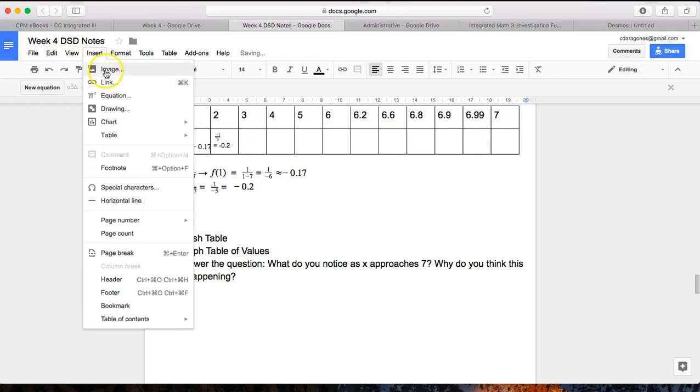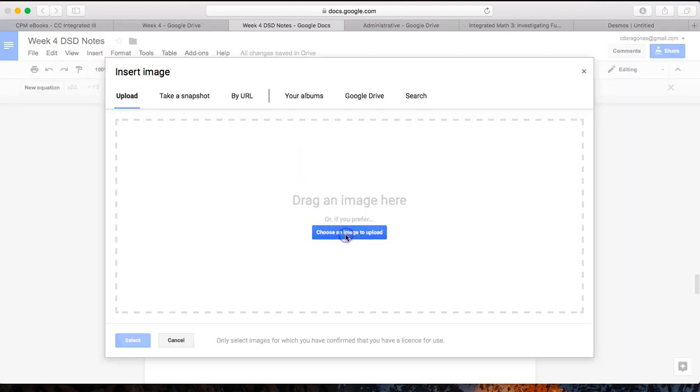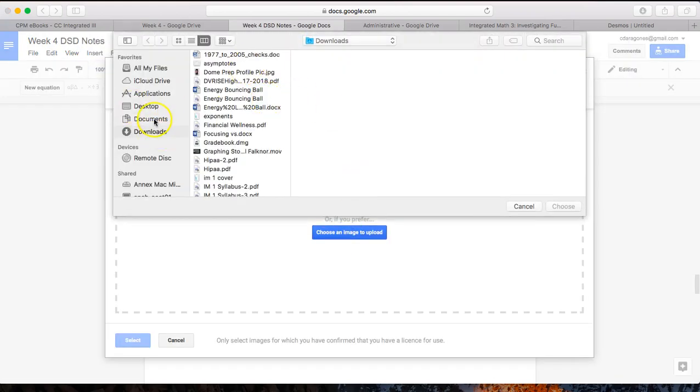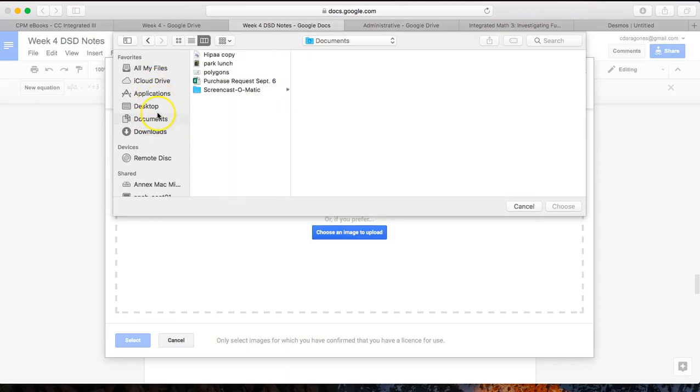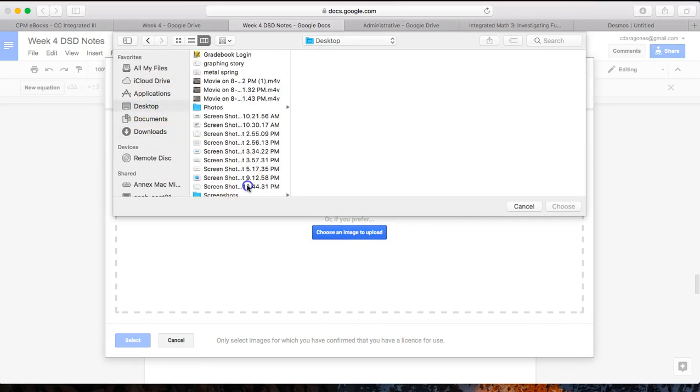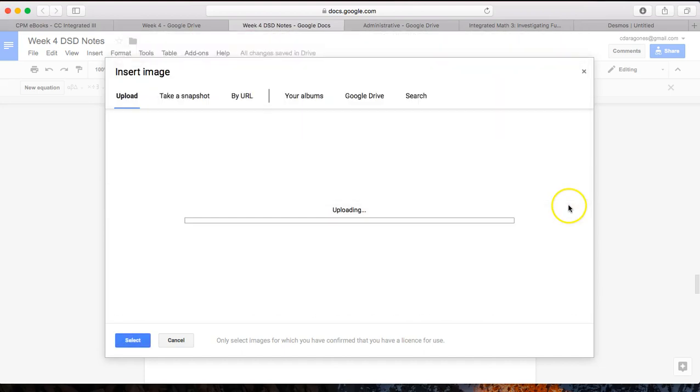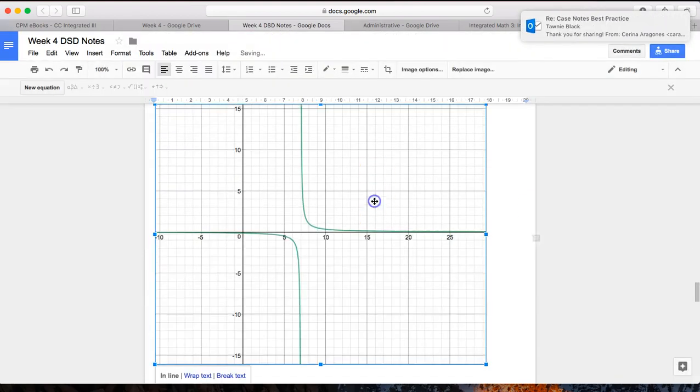Let me insert the graph. Okay. And then we also graphed 1 over x minus 5.